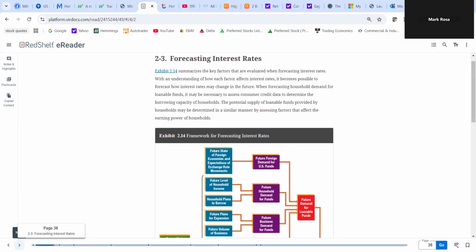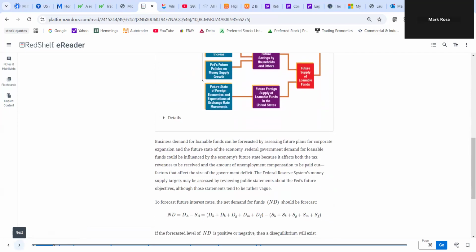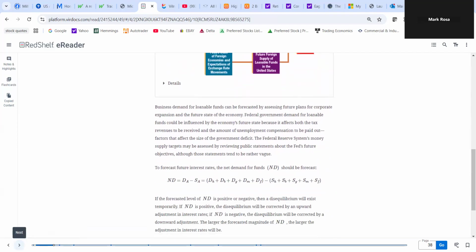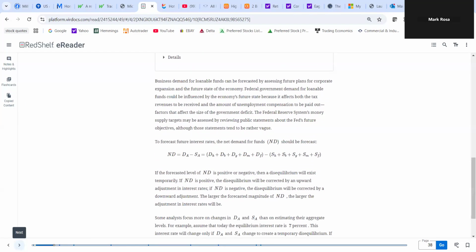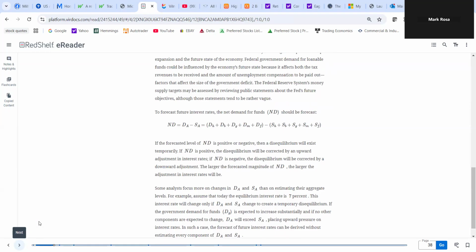Okay, so the forecast of interest rates, let's see if they were doing the net present value in here, guys. Let me page this up. Okay, to forecast future interest rates, the net demand for funds should be the demand minus the supply. We're seeing that right in here, the net demand. You see all the demand ingredients minus all the supply ingredients, and you'll have a net demand for loanable funds or for funds in general.